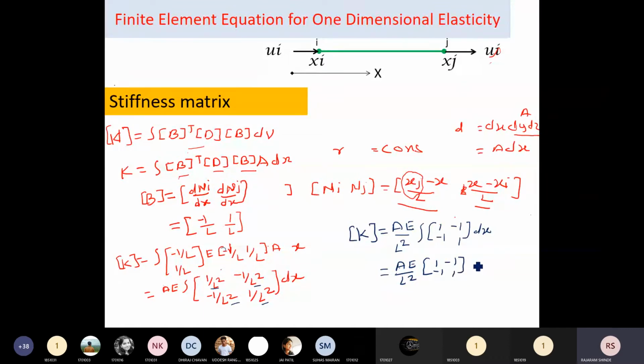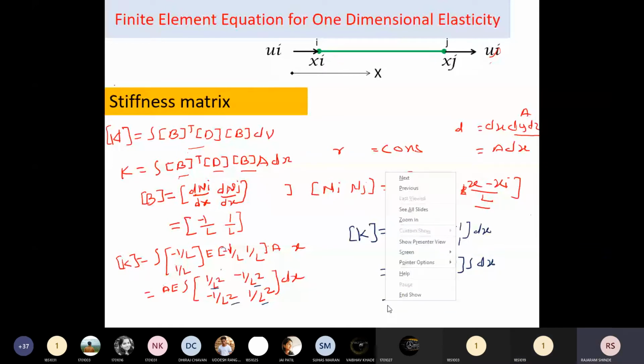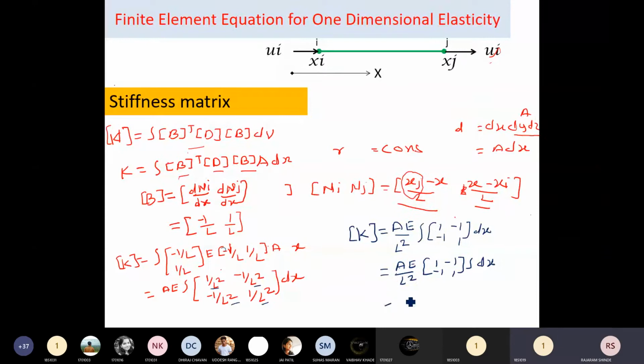Now what about the integration of dx? Can anyone tell? Integration of dx is x. It becomes AE by L square into 1 minus 1 minus 1 1.